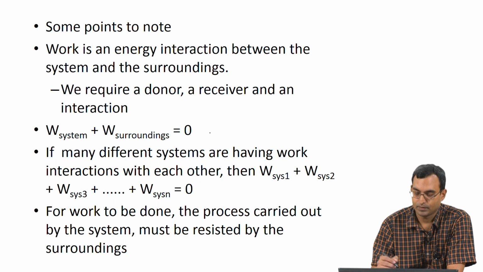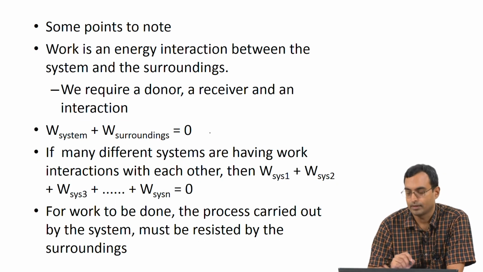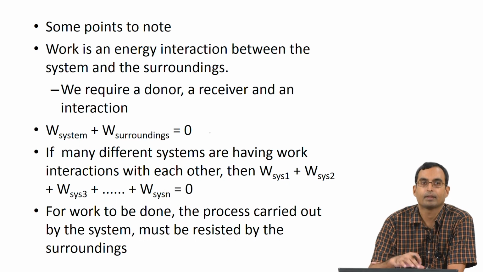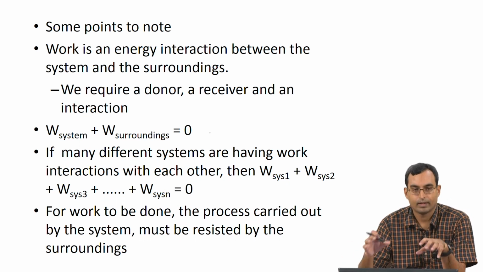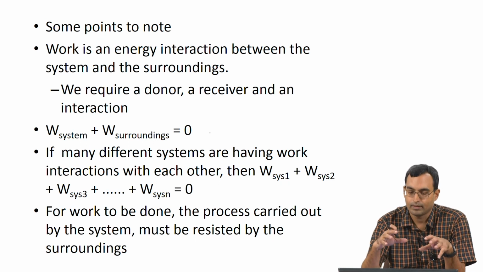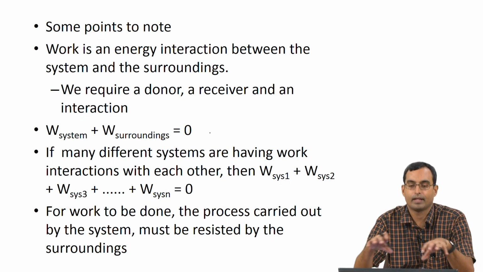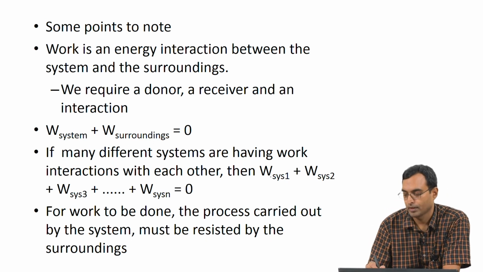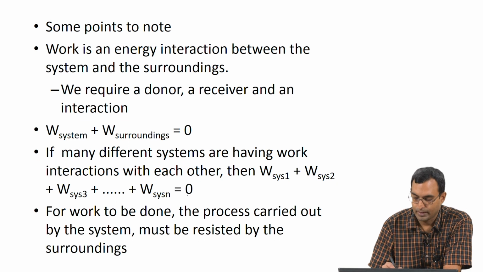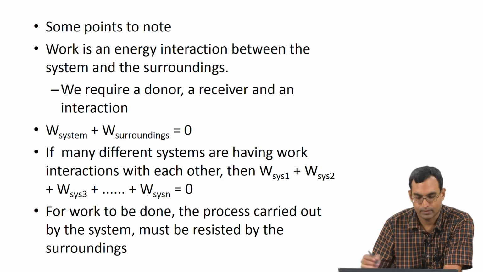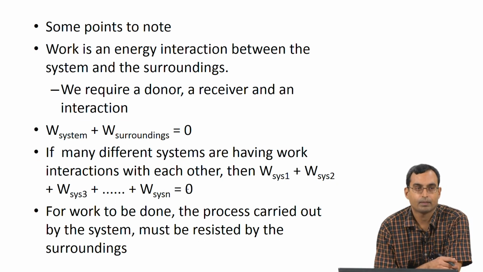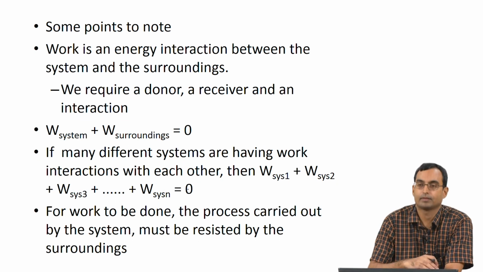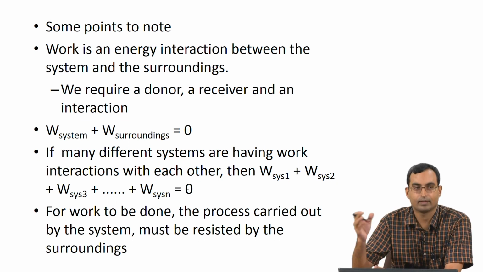In the same line of thought, if you have many systems which are interacting with each other, some are working on the others, some are working on the surroundings, but if you look at, say, systems A, B, C and the surroundings ignoring A, B and C, and you look at the work interactions for all of these put together, the work for system 1 and system 2 and system 3 and so on up to the nth system, and then one of them is of course the surroundings of all of the others, the sum of these also has to be 0, because any work which is done has to be either from one system to another or some other third system to a fourth system, and so on.